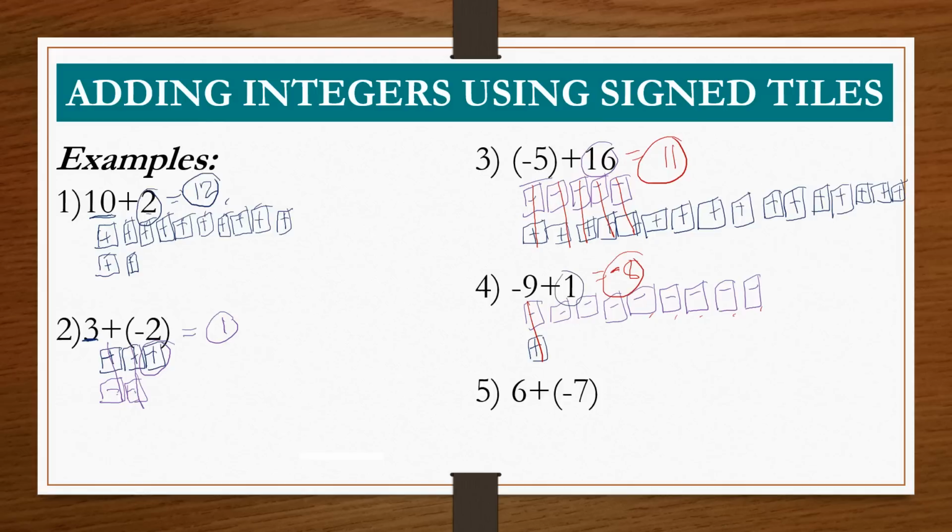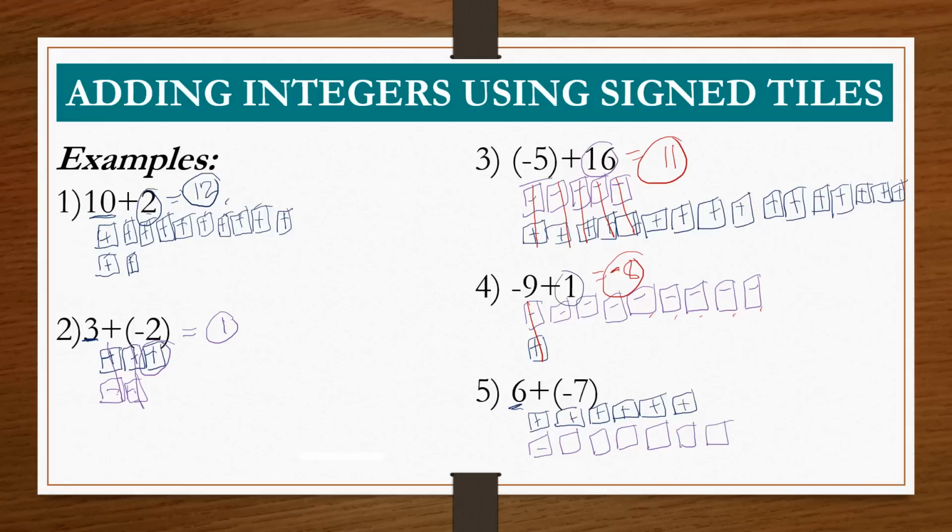Next, number 5. So we have a positive number here, positive 6. We will draw 6 positive tiles. So 1, 2, 3, 4, 5, and 6. And then let us put the positive sign. There you go. And then for negative 7, we have 1, 2, 3, 4, 5, 6, and 7.